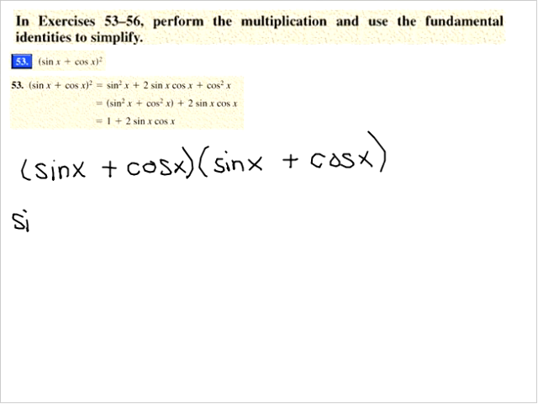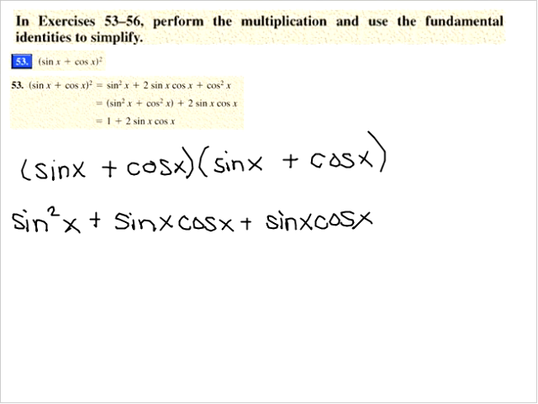We get sine squared x, then sine x cosine x, and sine x cosine x again. Remember, multiplication is commutative, so it doesn't matter which order you write that in. Plus cosine squared x.